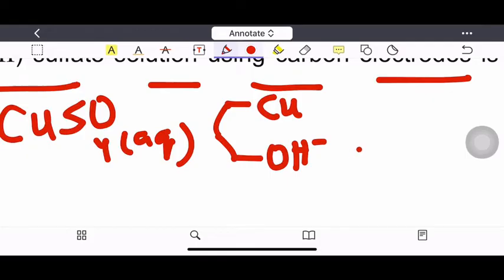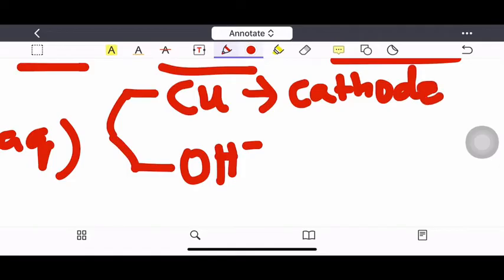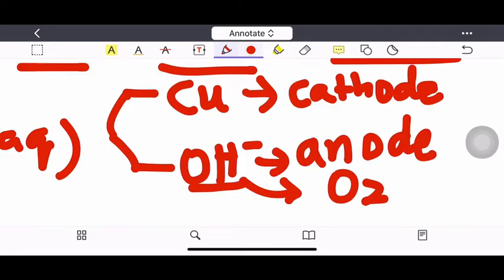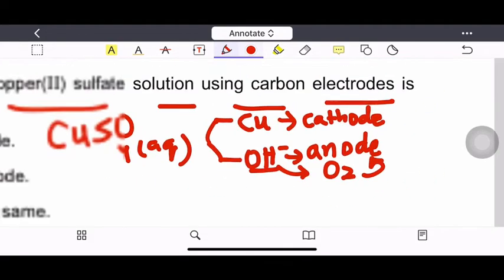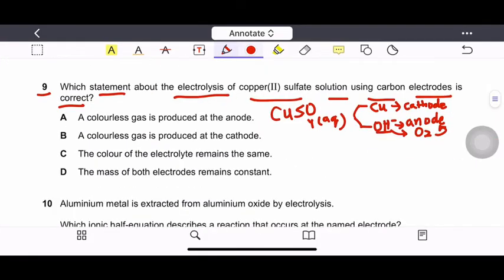Because sulfate ions are not discharged at the electrode, copper at cathode and hydroxide ions at anode. Hydroxide ions produce oxygen gas, so oxygen is produced at anode. So correct option will be A. A colorless gas is produced at anode, that will be oxygen gas.